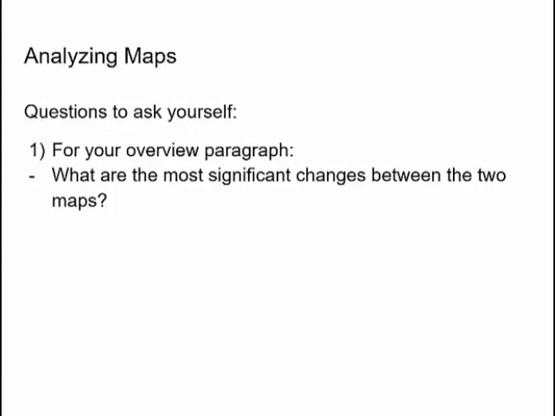And what you want to ask is, what are the most significant changes between the 2 maps that you're presented with? Okay, so you're trying to look for some major differences between them. And possibly then, can you categorize these changes in order to report a summary or overview of what you see in the maps?